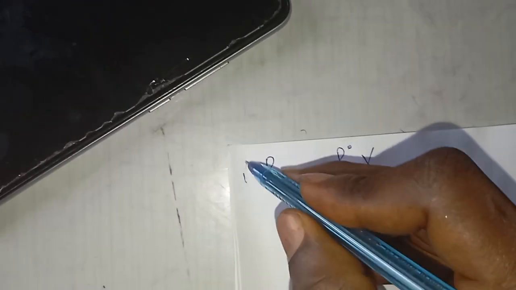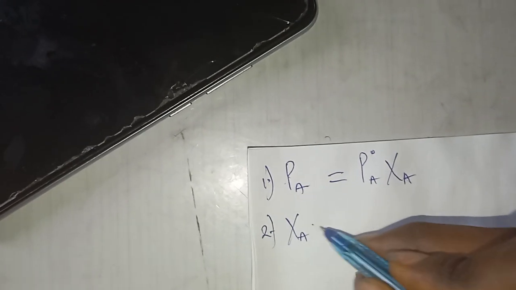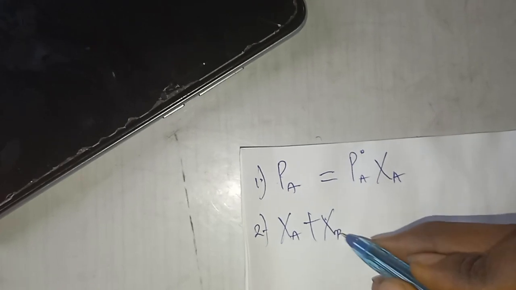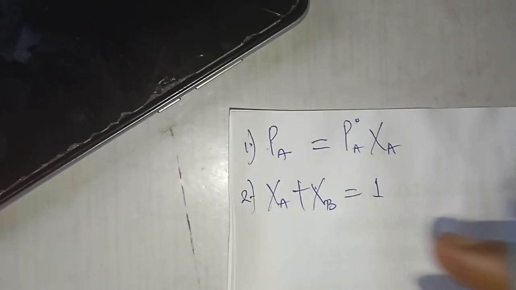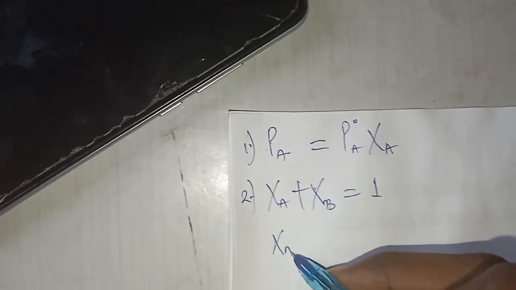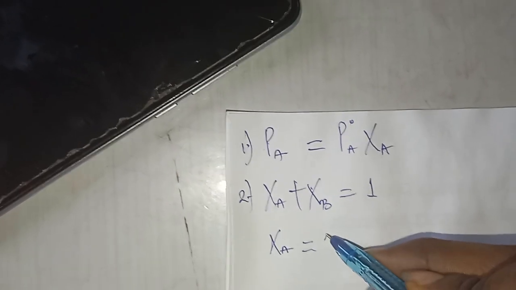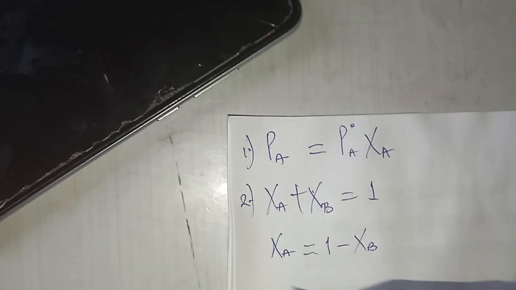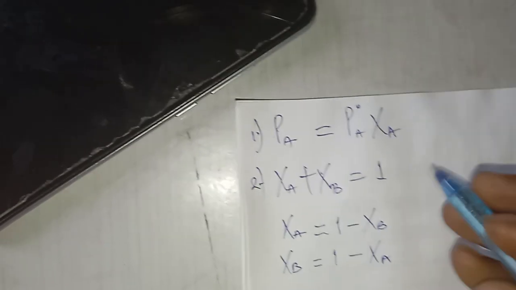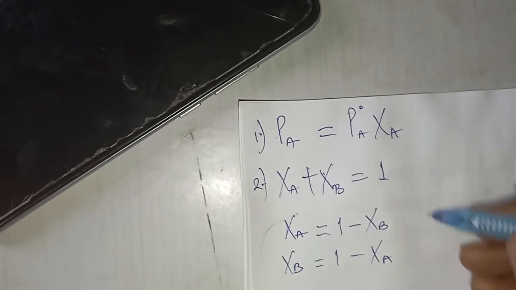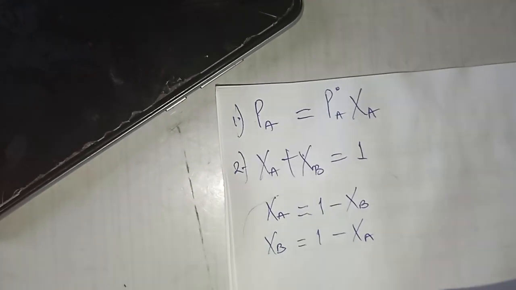That's the first principle. The second principle is that XA plus XB should equal 1. So XA is the same as 1 minus XB, and XB is equal to 1 minus XA.